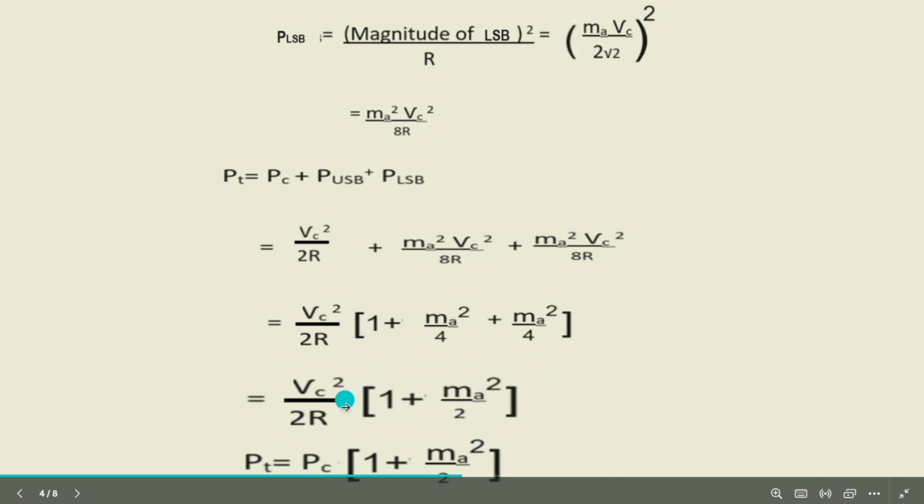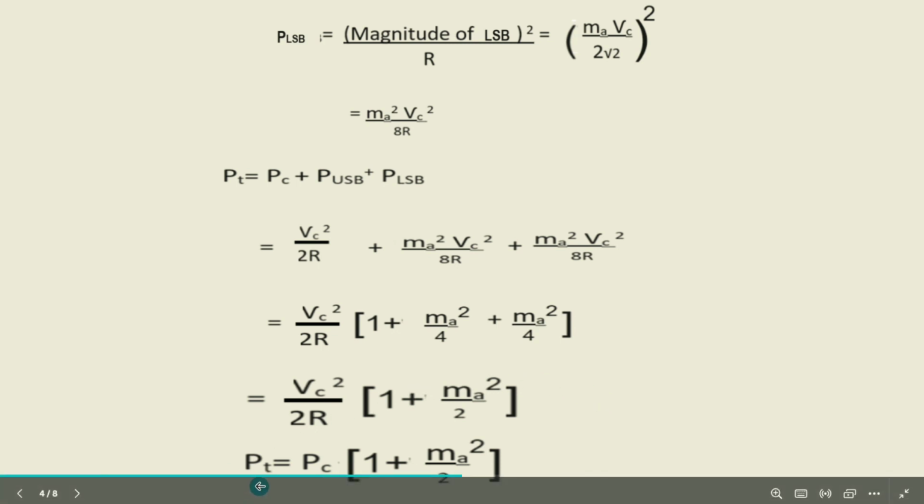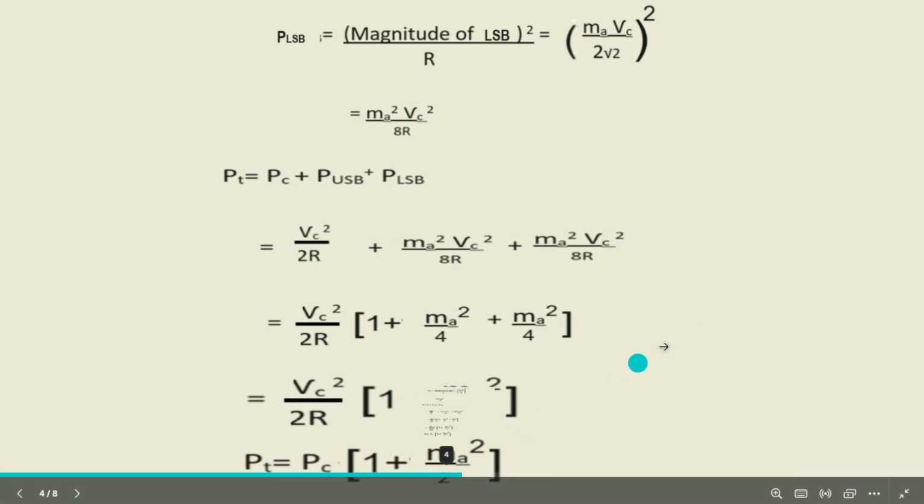We know that Vc squared by 2R is Pc. So the final expression for total power is Pt equal to Pc into 1 plus Ma squared by 2 for an amplitude modulated wave, where Ma is the modulation index of the AM wave.